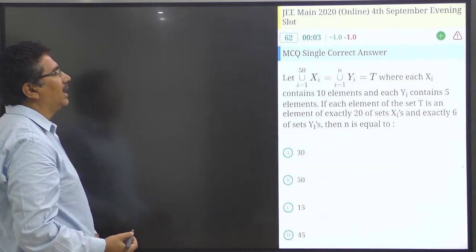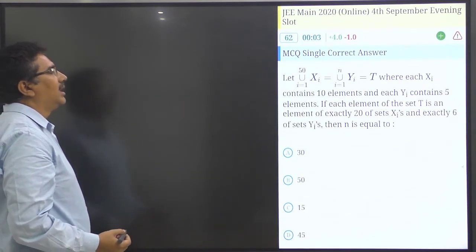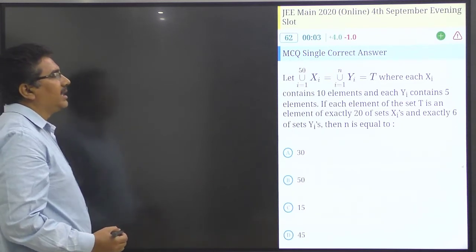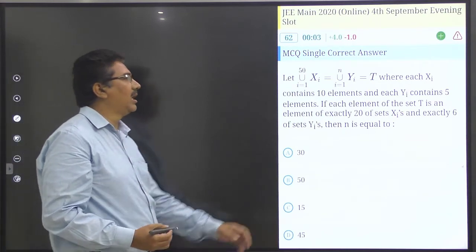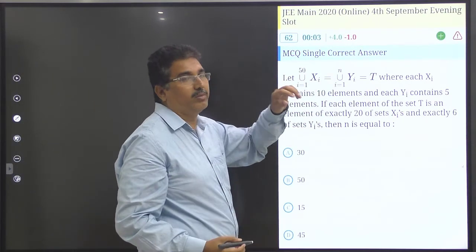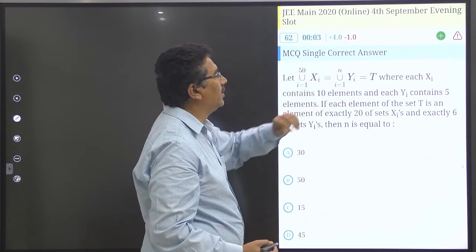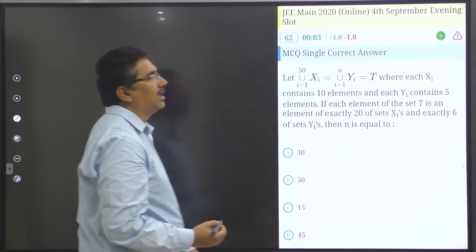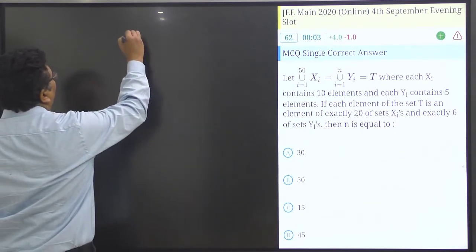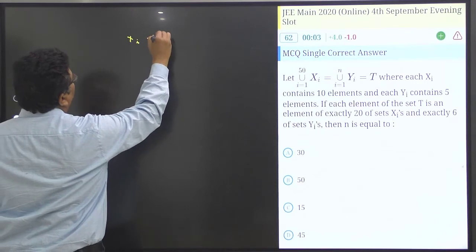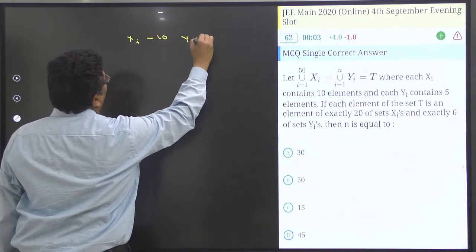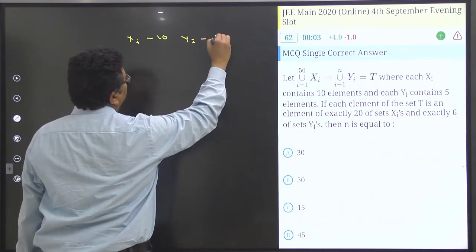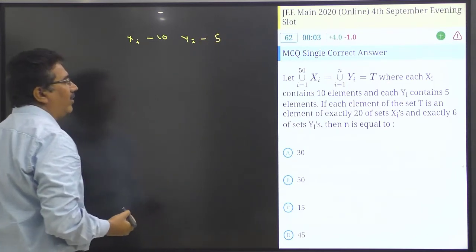Now let us see another one. Here the union of Xi for i equal to 1 to 50, that is a union of 50 sets. Now this is a union of n sets, that is equal to T, where each Xi contains 10 elements, each Yi contains 5 elements.